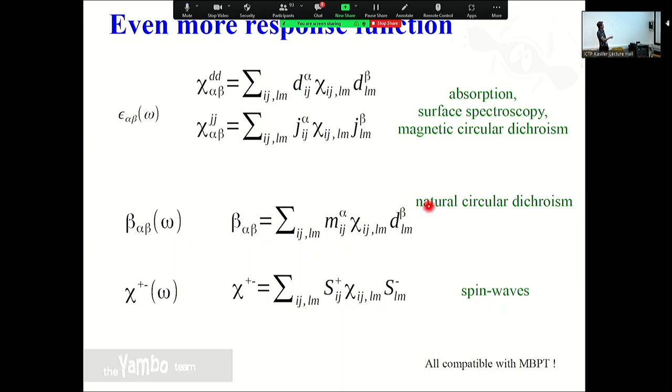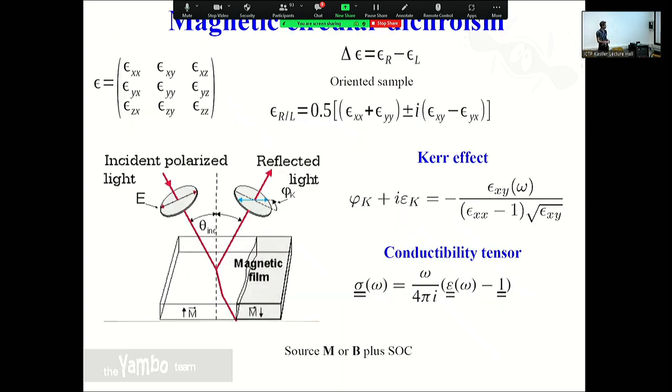And you can use that to describe natural circular dichroism, for example. Or if you take the spin dipoles, this is the S plus, so the dipole which describes a spin flip transition, you can have this chi plus minus response function, and you can describe spin waves. So the message is you solve the BSE, you have a lot of information, and you could also use it to get some interesting physical properties to compare with experiments.